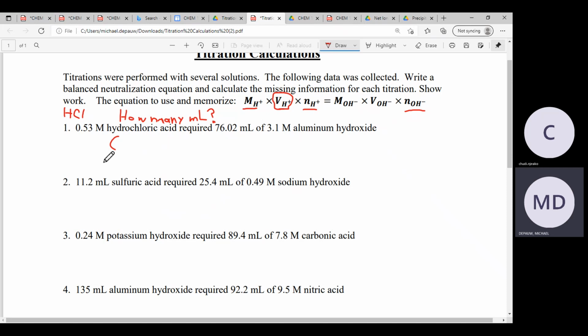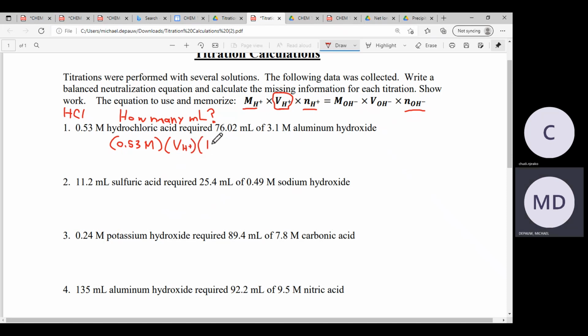You should all be familiar with how to name acids and write the formulas, right? So HCl, the concentration is 0.53. How many acidic hydrogens are present in HCl? 1, exactly. So the volume of the acid times 1 acidic hydrogen.